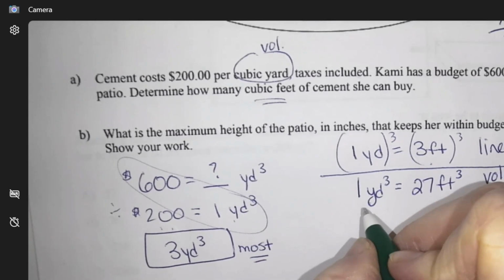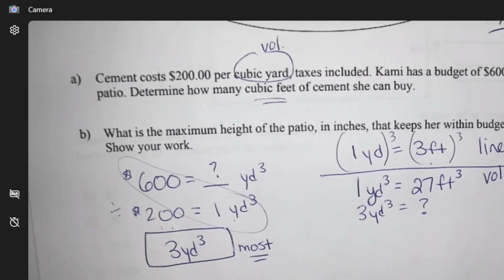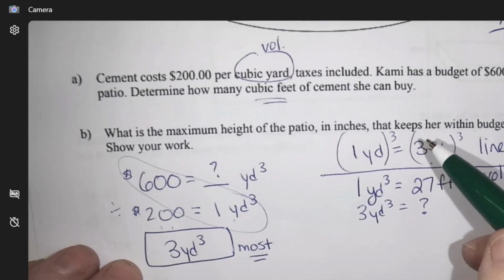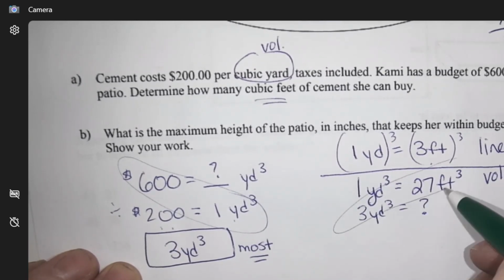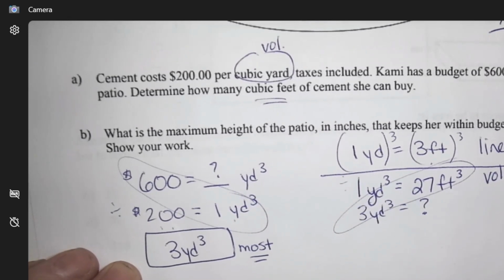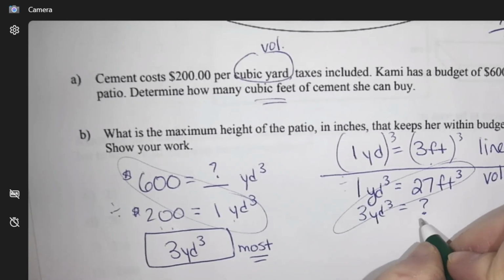So if I know this, 3 cubic yards equals how much then? What would 3 cubic yards make? So what am I going to have to crisscross here?